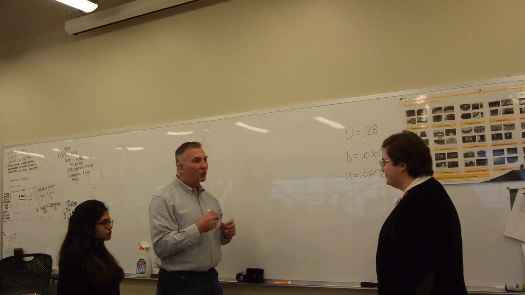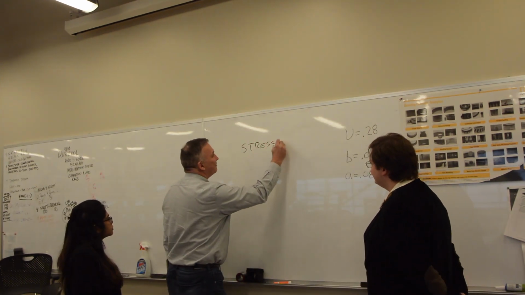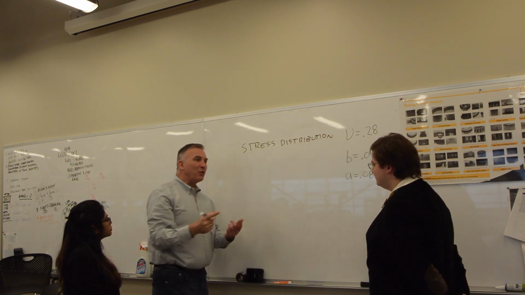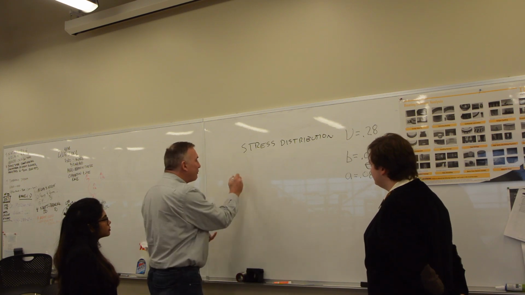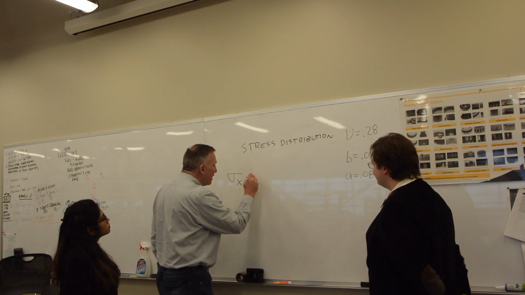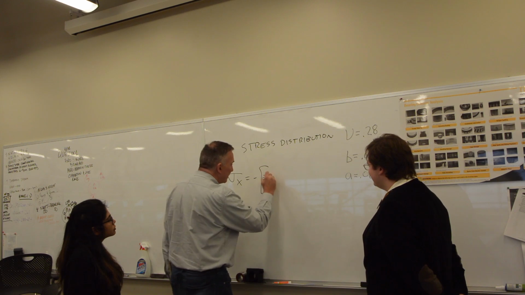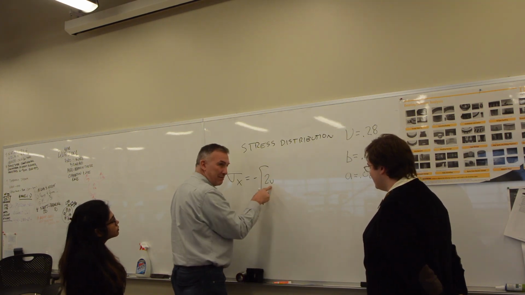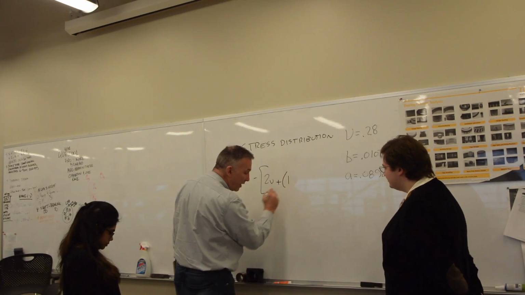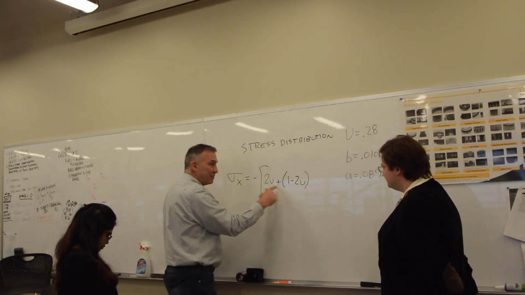All right, so we're going to be talking about stress distribution. So, when we talk about stress distribution, we have this equation right here that's going to be equal to minus 2, that's Poisson's ratio, plus 1 minus 2 Poisson's ratio, okay?